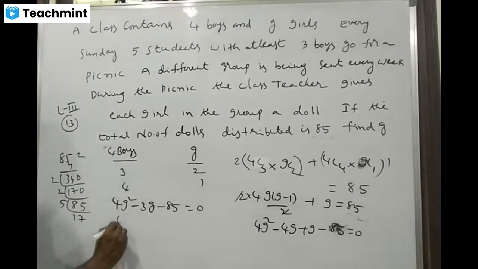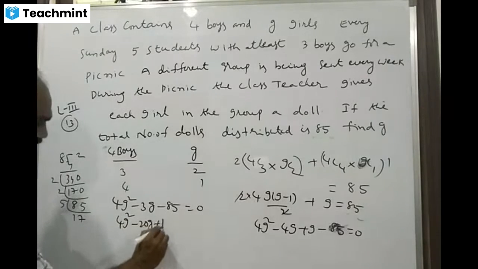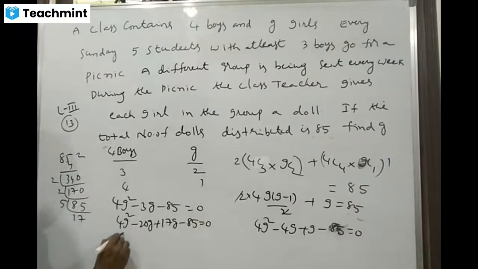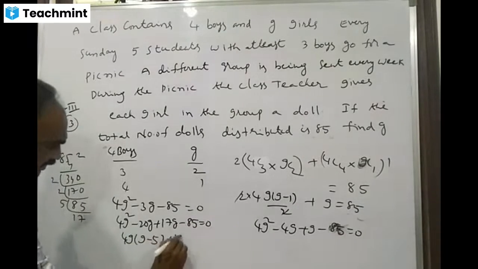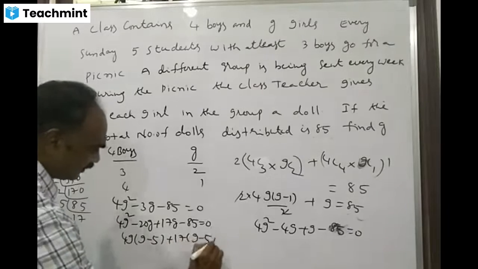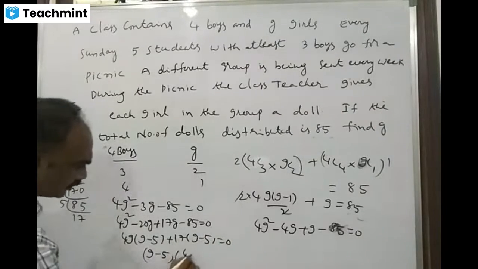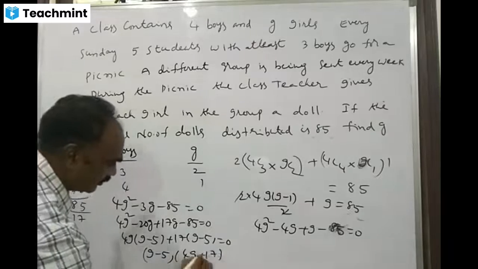So 4G square minus 20G plus 17G minus 85 is equal to 0. Take 4G common: G minus 5, plus 17 common: G minus 5, is equal to 0. Take G minus 5 common: 4G plus 17 is equal to 0.